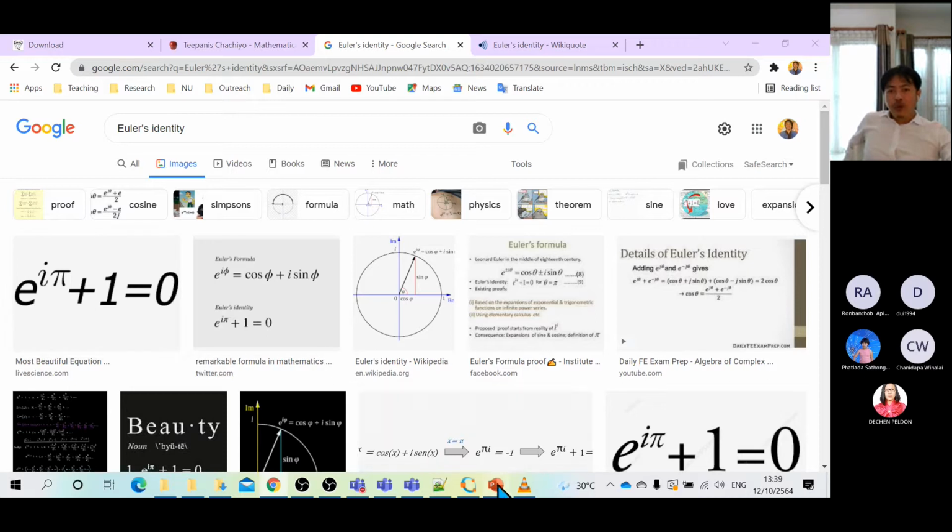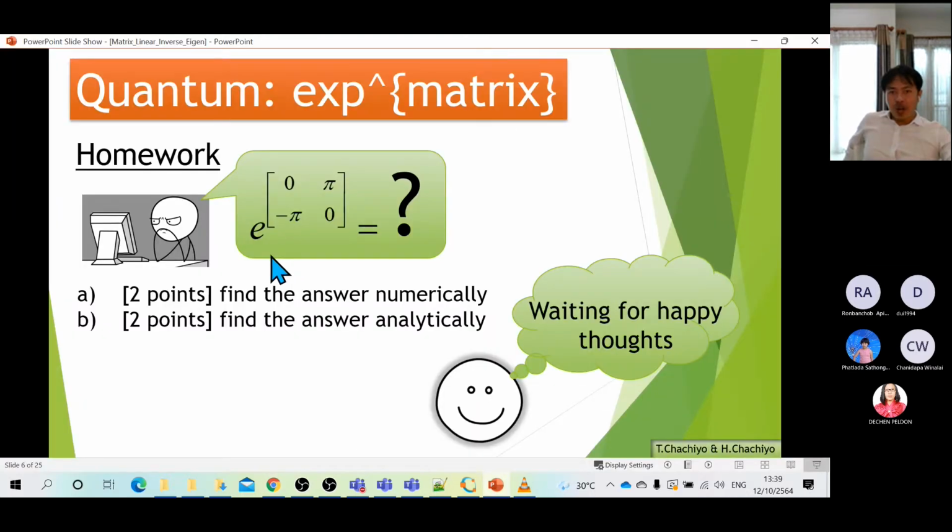If you go back to this homework problem, there is no complex number here. It's just simple real numbers, but in a 2 by 2 matrix. But you get almost the same pattern of the mathematics as Euler identity here.